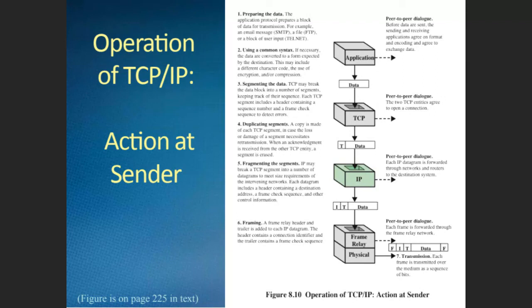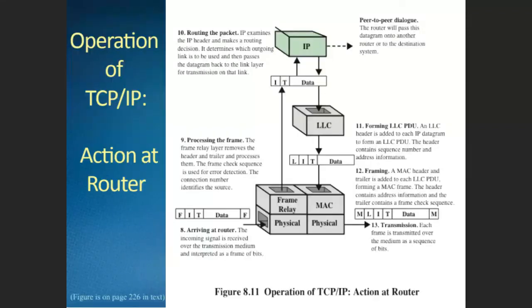The physical layer will connect to the medium. So I suggest that you please read this diagram. When it arrives, it goes the opposite way. When it arrives, it will go up again, to the network access, then to the network or internet layer, to the transport layer, and then back to the application.